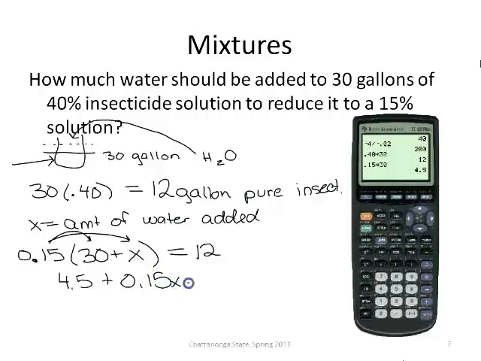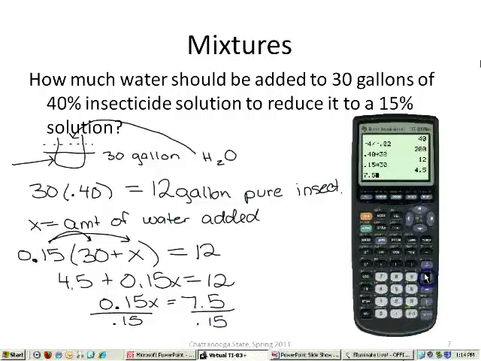plus 0.15x equals 12. So I'm going to subtract the 4.5 from both sides. So that'll be 7.5. And then I divide by 0.15.